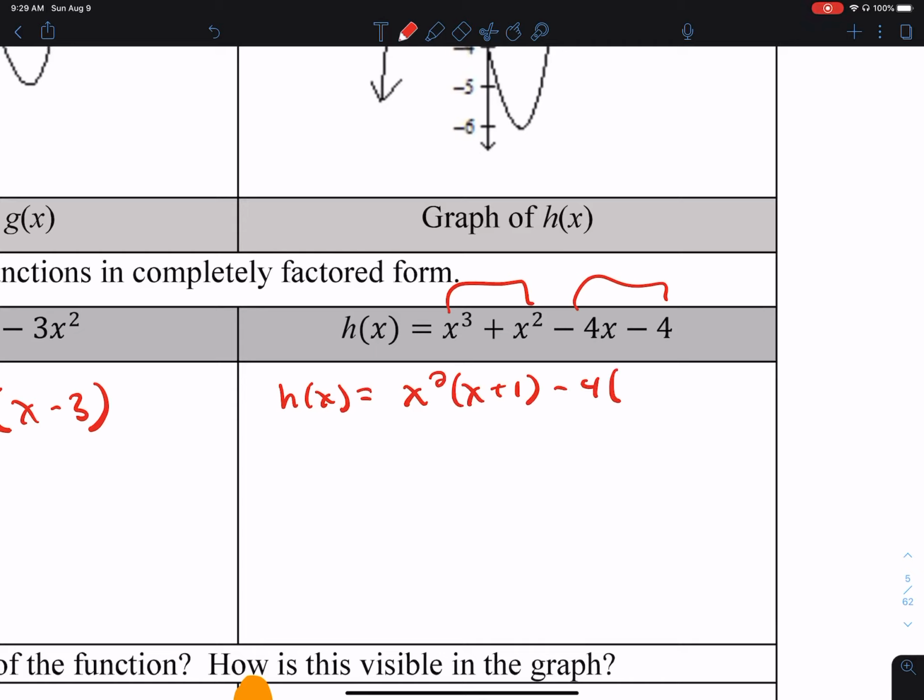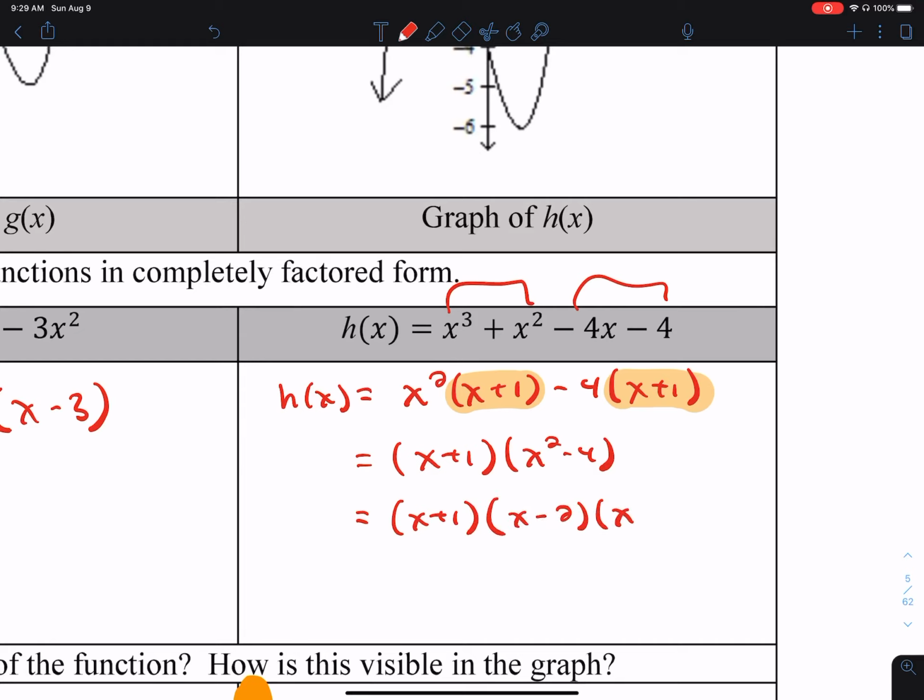GCF of the second group is a negative 4, or a subtract 4, leaving us with an x plus 1. Each of these terms have a GCF now of x plus 1. Factor that out to the front, leaving us with x squared minus 4 as our other binomial. X squared minus 4 is a difference of two squares, so this factors into these three binomials.